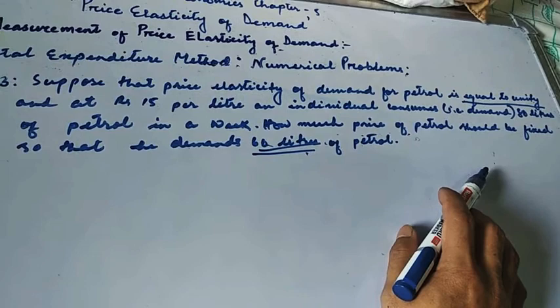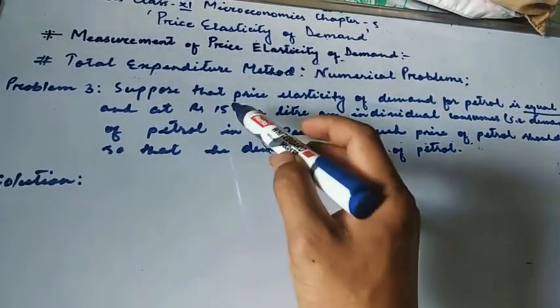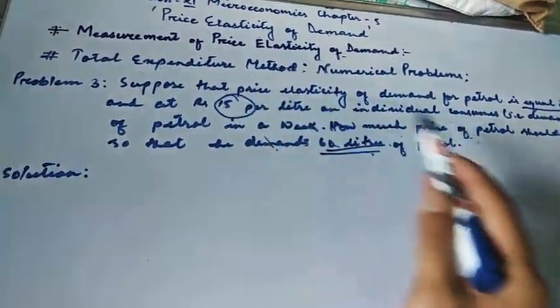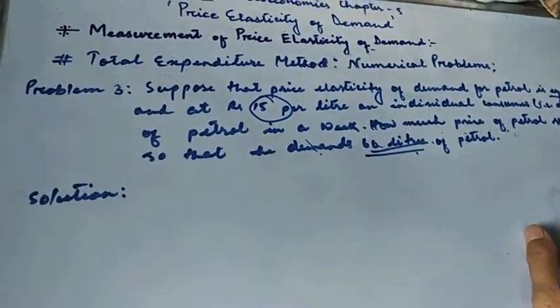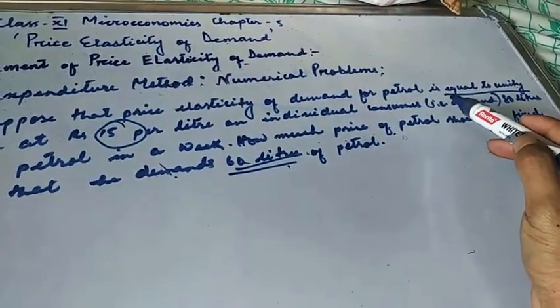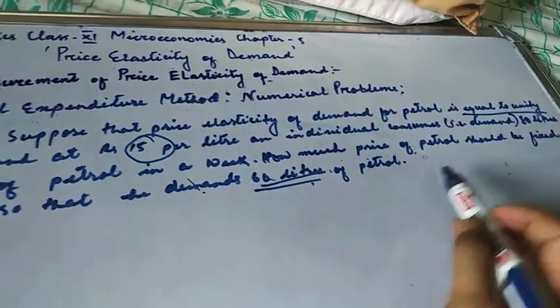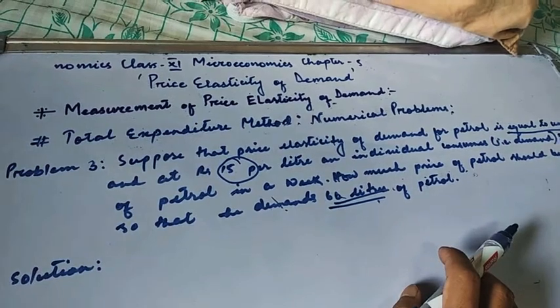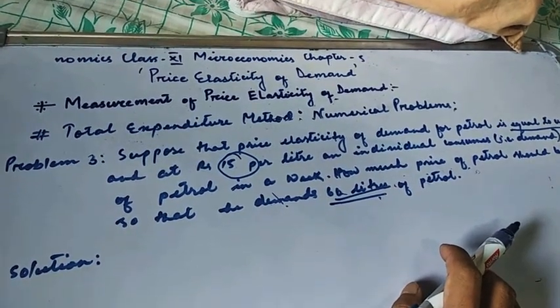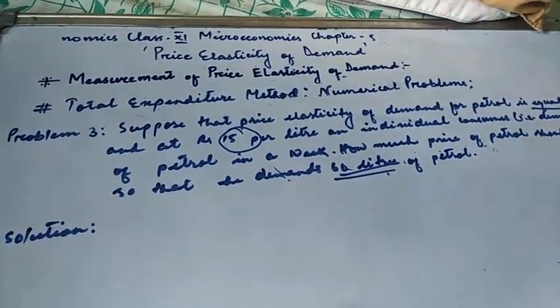So we have to fix a price which is higher than rupees 15 so that his quantity demanded of petrol decreases. As given here, the price elasticity of petrol is equal to unity, and so the expenditure on petrol by the individual will remain constant at different prices.